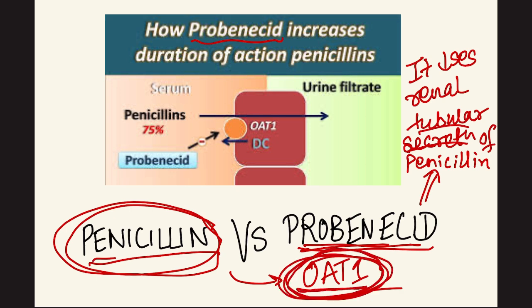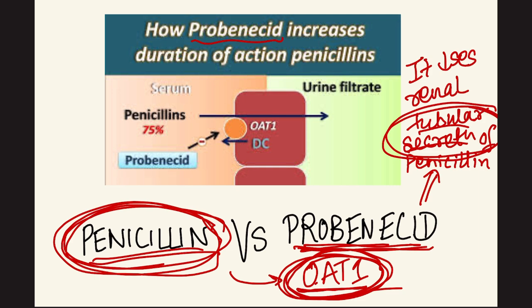So when these two drugs are present together, these two drugs will compete for OAT1, and as a result, probenecid will be excreted into the renal tubule and penicillin's excretion in the renal tubule by the renal tubular excretion will not occur. As a result, this will increase the duration for which the penicillin is present in the body, leading to prolongation of the duration of action of penicillin.